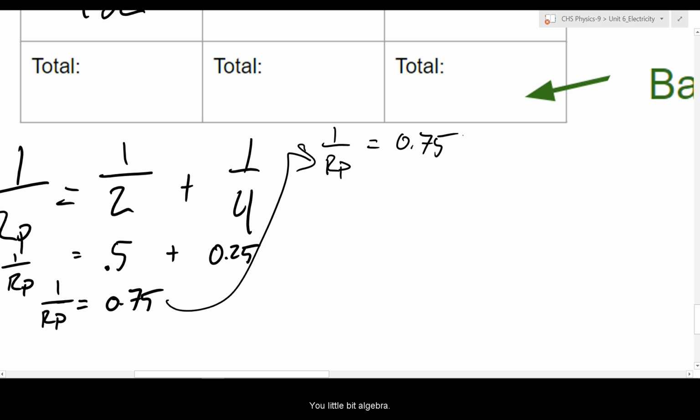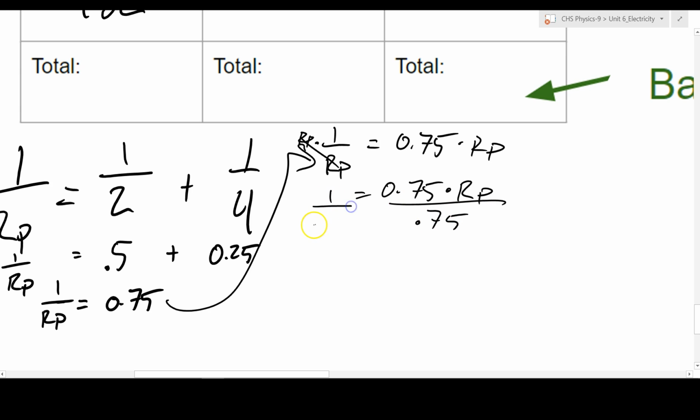Do a little bit of algebra. I end up multiplying both sides by RP, and then we divide both sides by 0.75. I end up with the following.